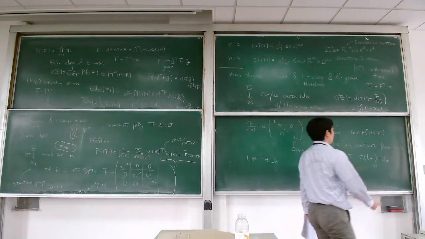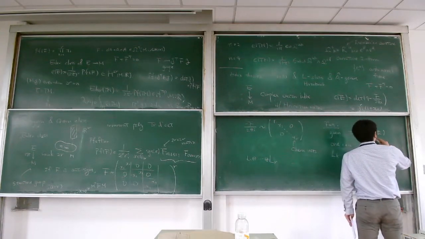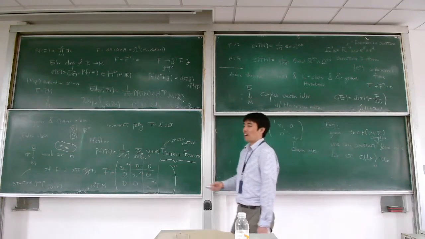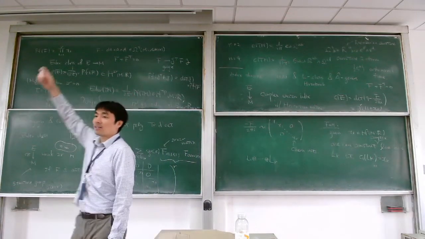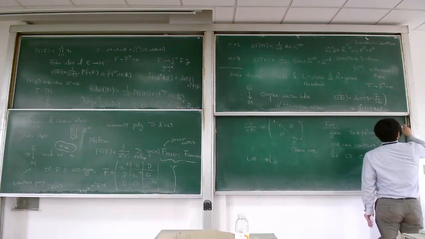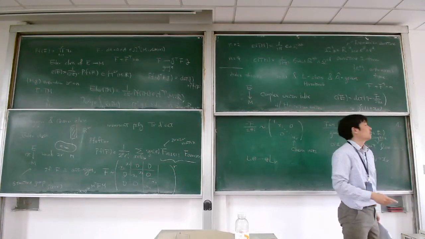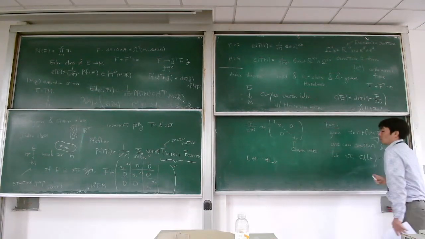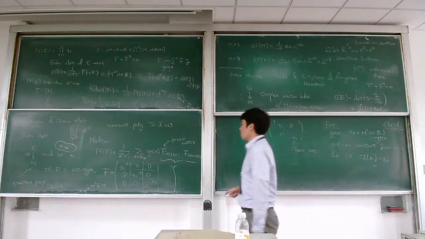Sorry, now everything is complex. A complex line bundle has rank, the complex dimension, equal to 1, so the real dimension is 2. The fiber is just C. That's why it's called a complex line bundle.